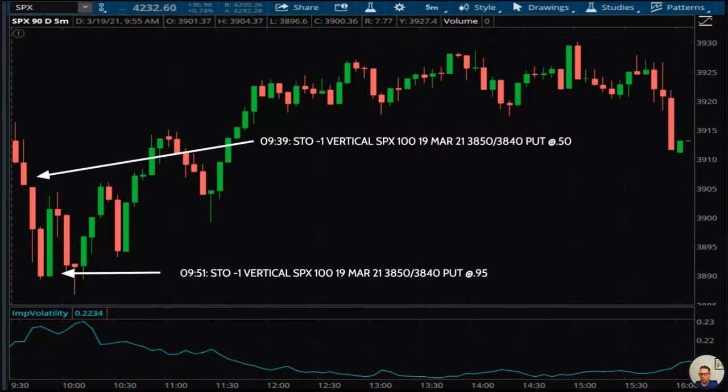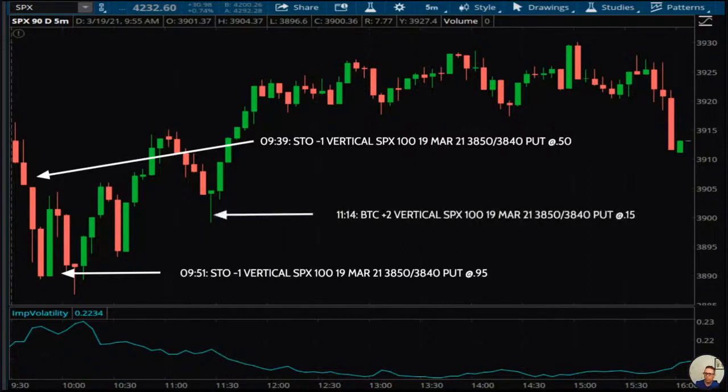So I felt relatively comfortable. And especially when you have the century marks, you know, the 3900, usually it takes a lot to break those and get through those areas. And for that reason, I was confident that the market was going to have support there. And I put on that trade.